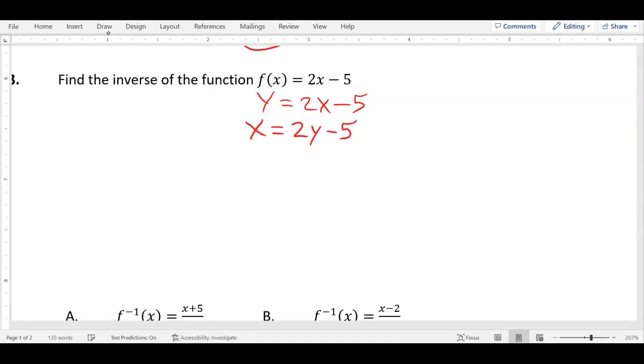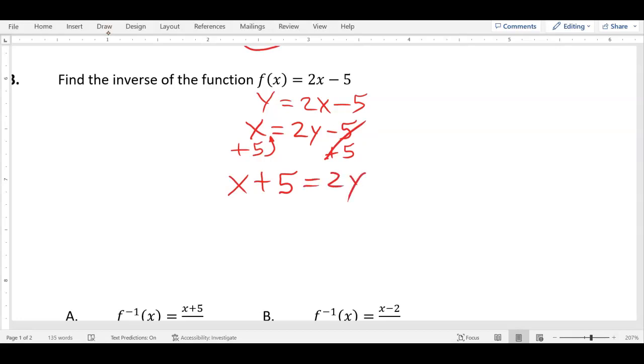Okay. Third step, solve for this y. So I need to get rid of the loner first. The opposite of -5 is +5 on both sides. And +5 goes after that x. So we have x plus 5 equals 2y.